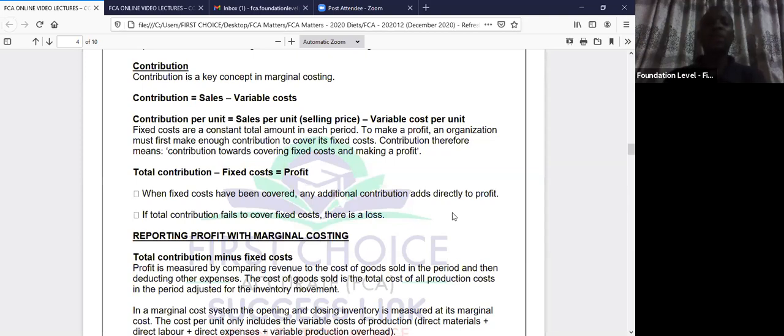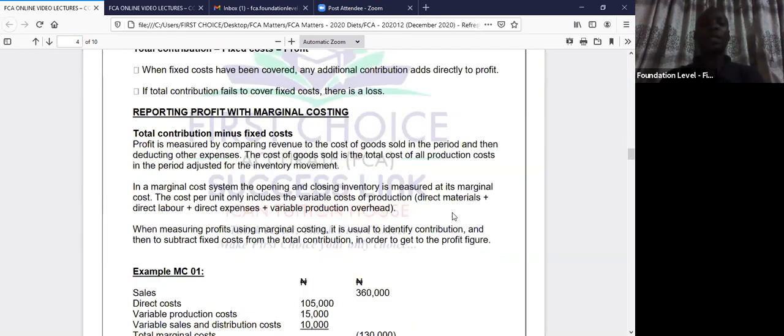So whenever your contribution is equal to your fixed cost, you have no profits. But whenever your contribution is bigger than your fixed cost, it means that you have made enough contribution to cover your fixed cost, and any extra you make over and above your fixed cost will increase your profits.